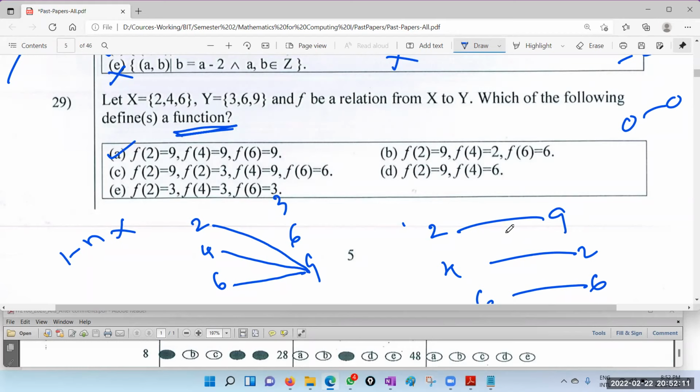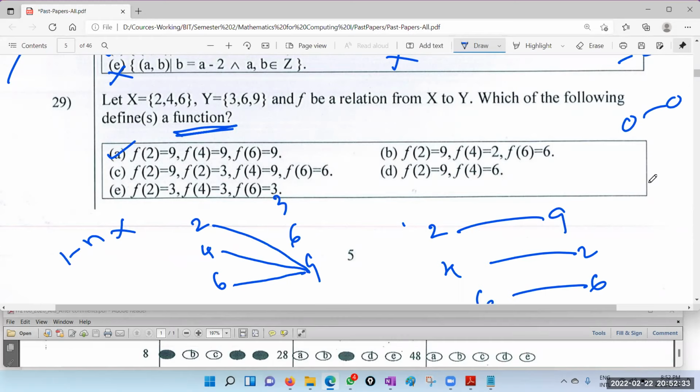But 2 is not in the range. Okay, 6 and 9 now, 2 is outside the range. Okay, which of the following define a function?